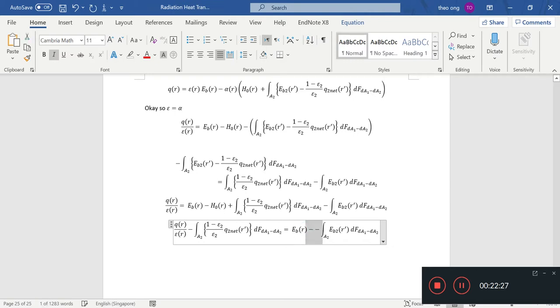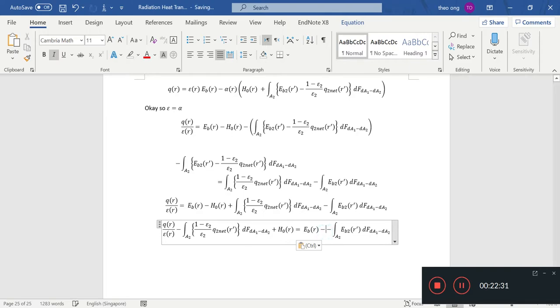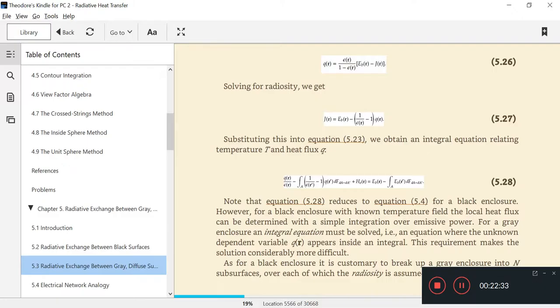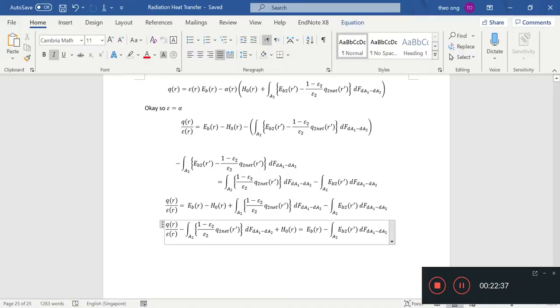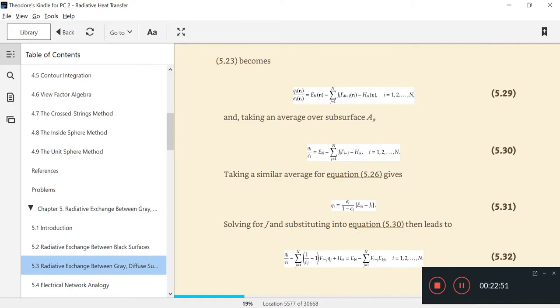Add h_0 to both sides, and we are done. We have all the terms consisting of the heat flux on the left hand side, the external heat flux. All the terms with respect to radiation and temperature will be grouped to the right hand side. So that is our equation.